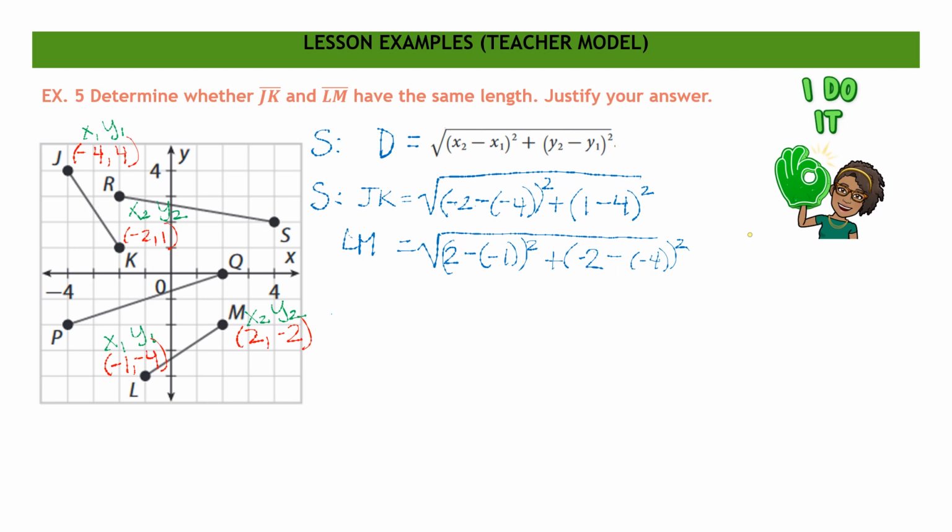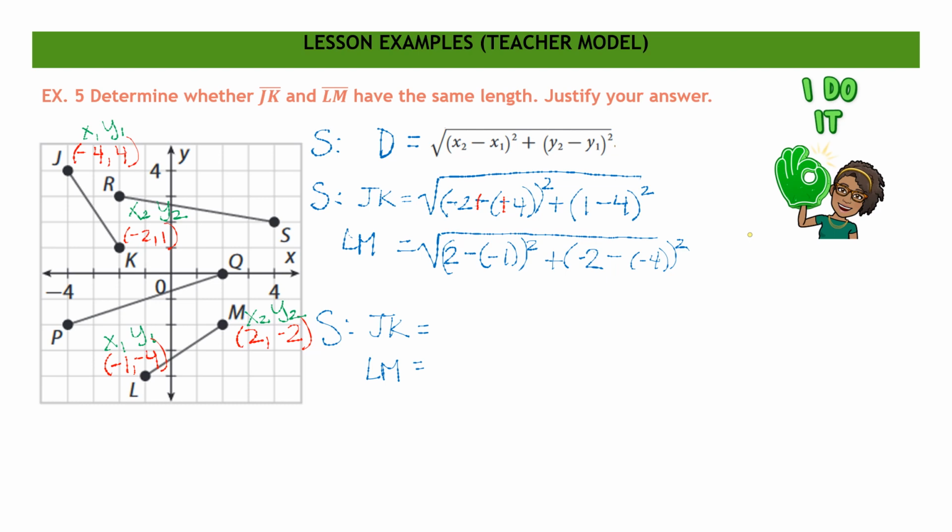All right, so the last step is to solve. So we have 2 to solve, for JK and for LM. So let's look at JK first. We have a -2 minus a -4. A negative and a negative tells me we get a positive. And then here we have 1 minus 4.